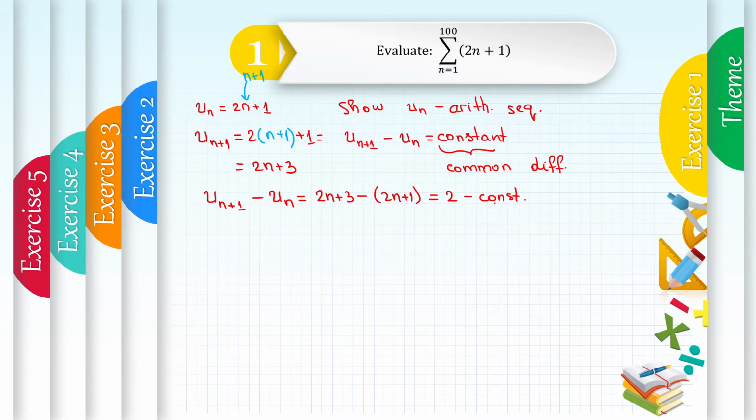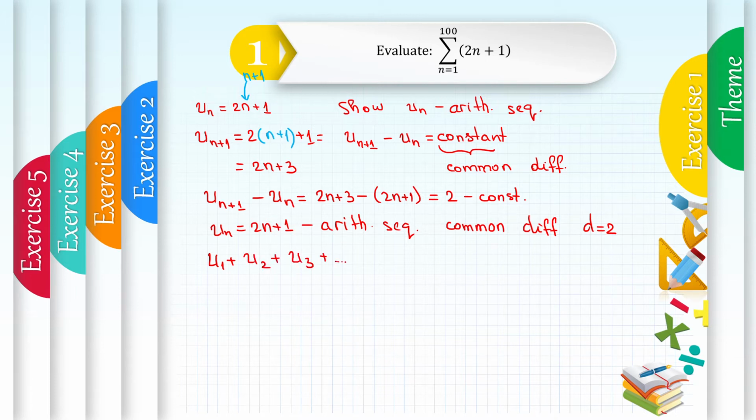So we proved that the sequence u sub n equal to 2n plus 1 is an arithmetic sequence with the common difference d equal to 2. And in fact, our exercise is to evaluate u sub 1 plus u sub 2 plus u sub 3 plus, and so on, till u sub 100.